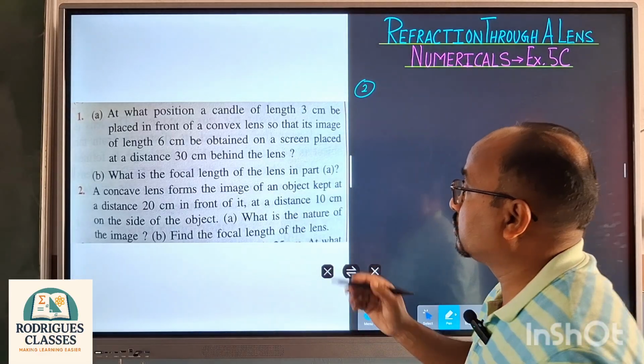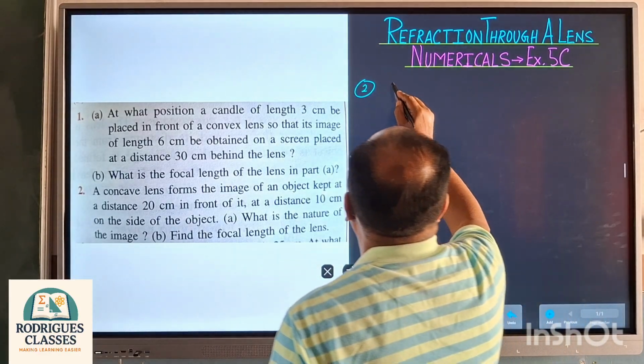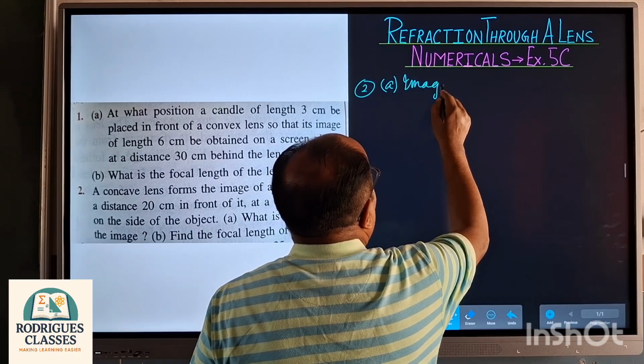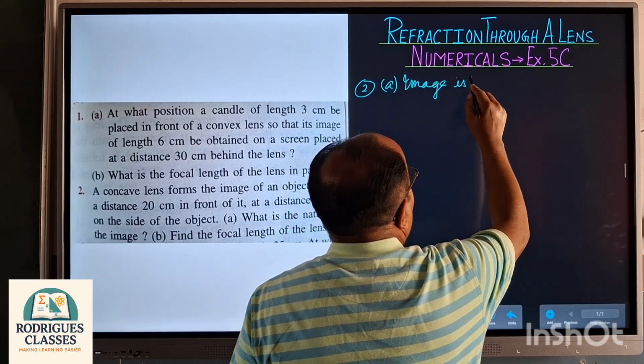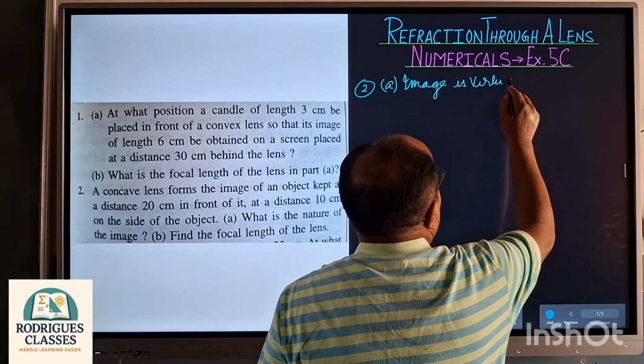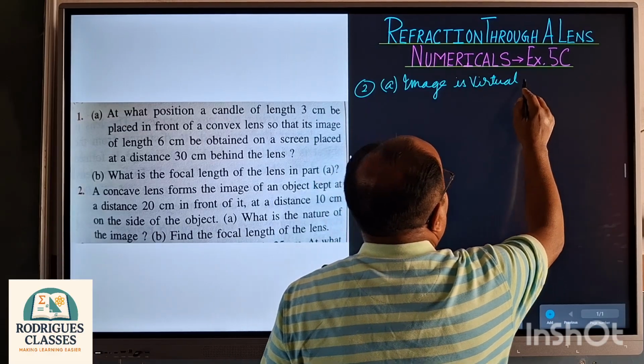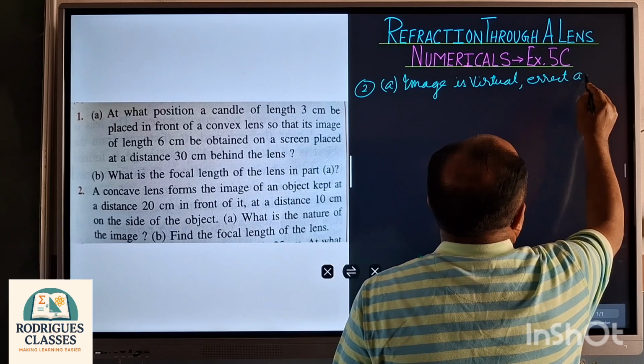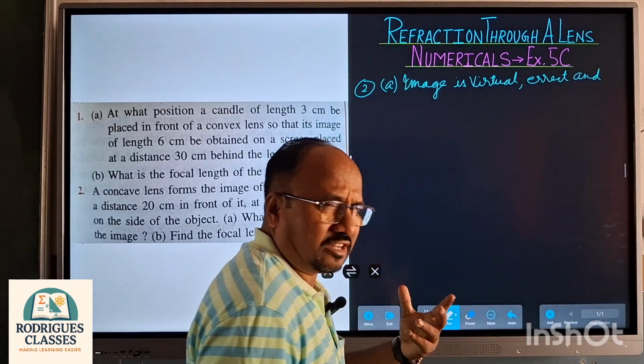Okay, so first of all we go to write the nature. So we will write image is virtual. So the moment it is virtual, we go to write erect, and this is a concave lens.